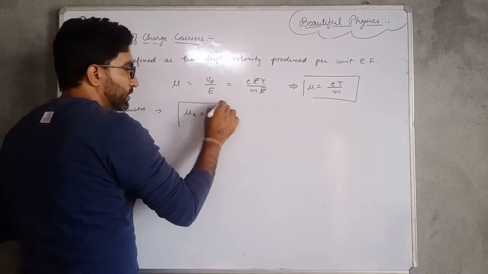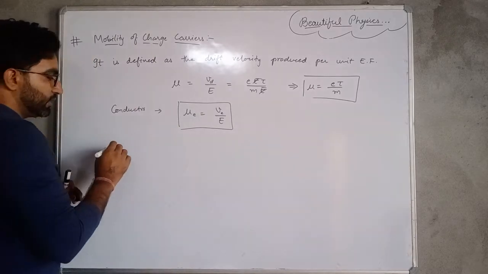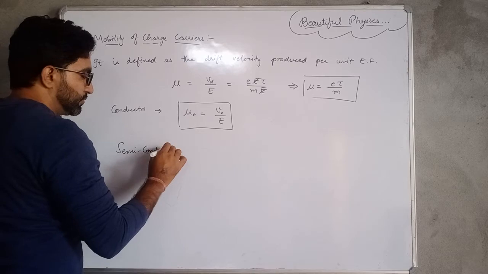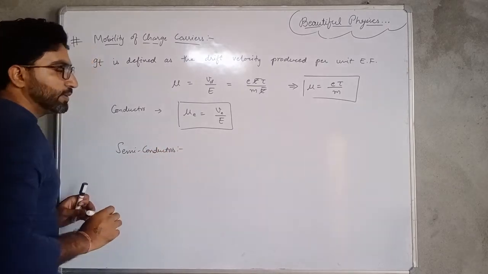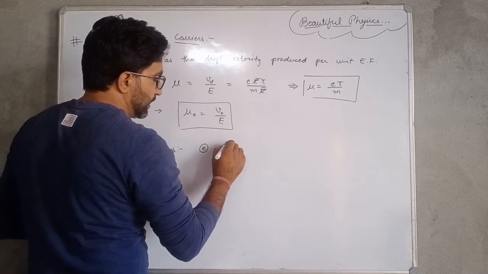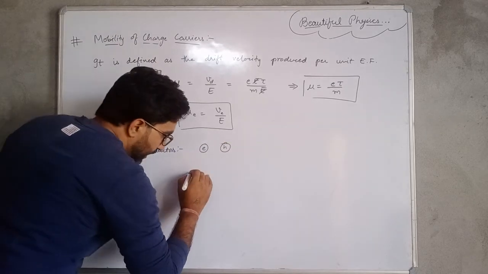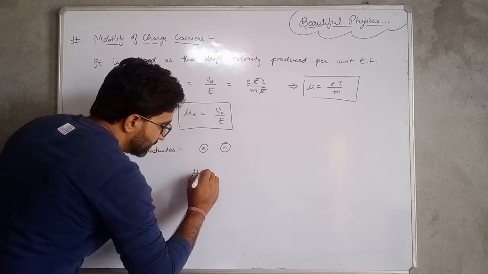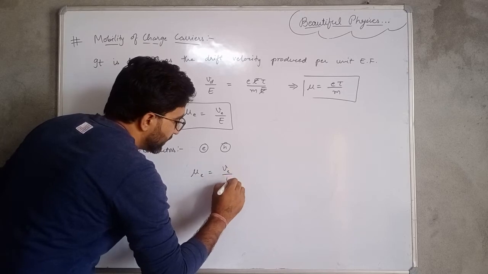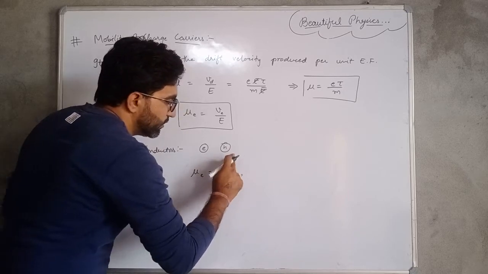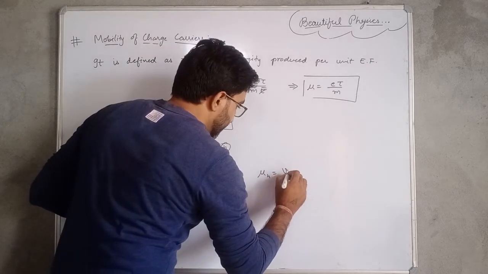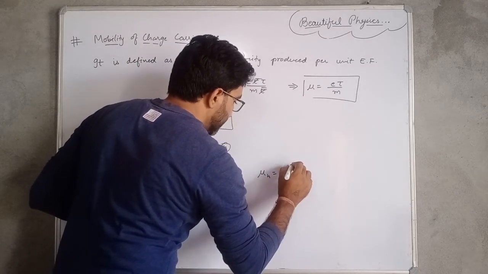Or in case of semiconductors, we have two types of charge carriers, electrons and holes. So we have to write the drift velocity for both cases. μe will be equal to ve upon E, and for holes it will be μh, equal to vh, the drift velocity of holes per unit electric field.